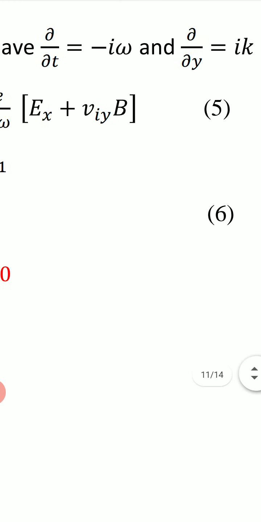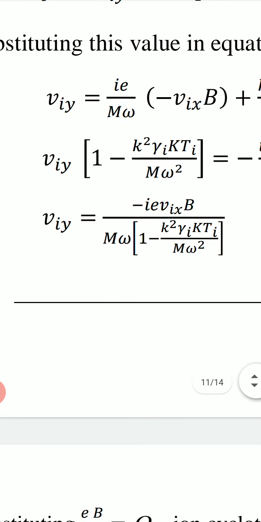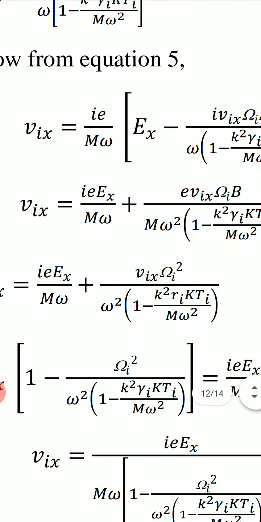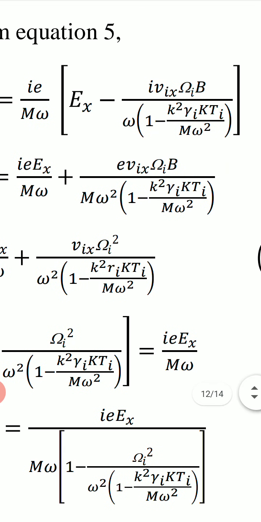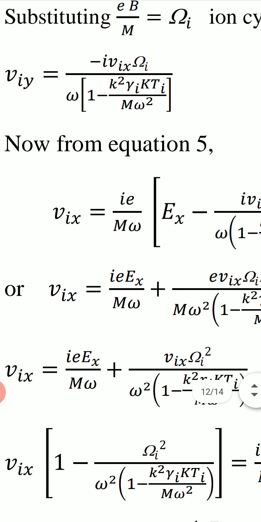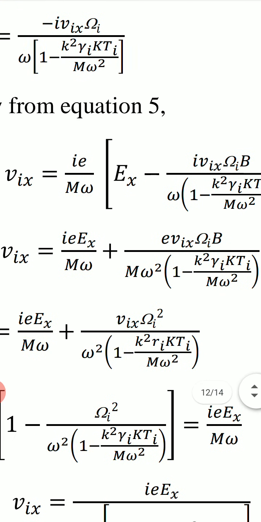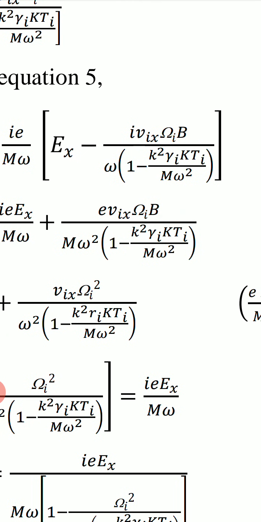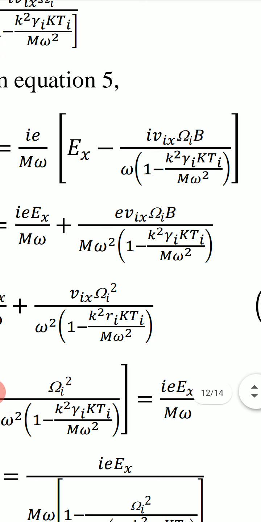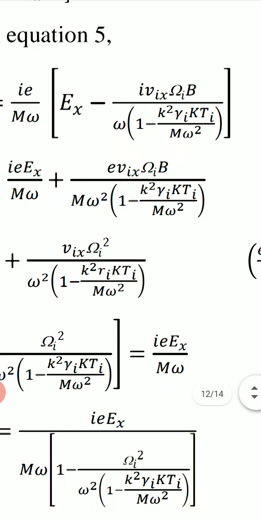In relation 5, we put the value of VIY from the previous equation and get Vix equal to IE upon m omega Ex minus I Vix omega I B upon omega into 1 minus k square gamma I K Ti upon m omega square.